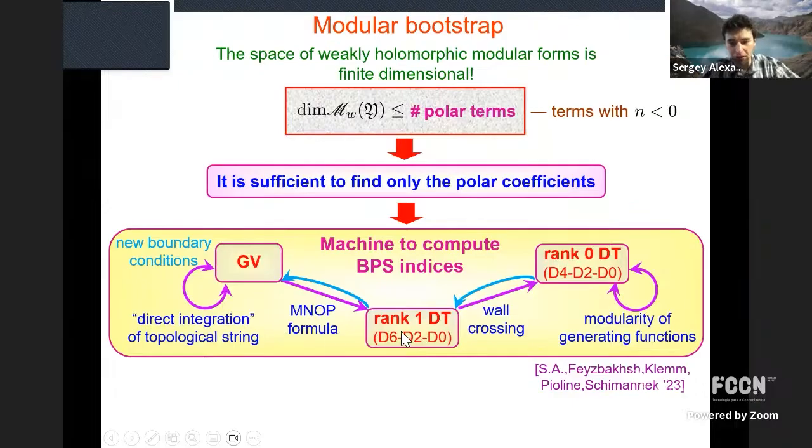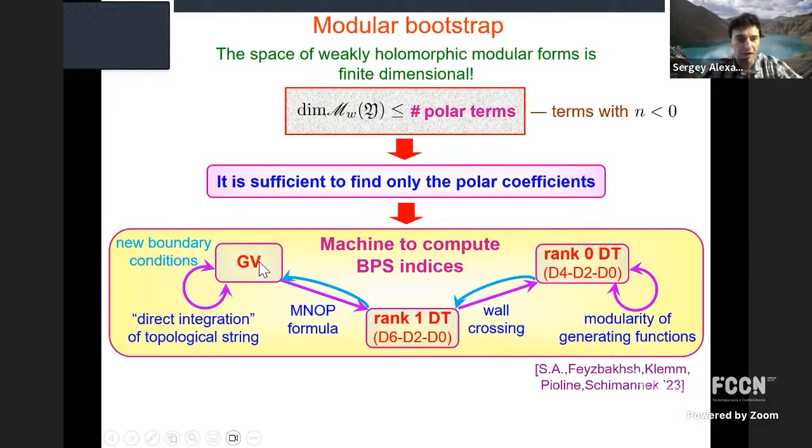Following this procedure, we managed to compute all polar coefficients for several compact Calabi-Yau threefolds. This way, we get precise expressions for the generating functions of our rank 0 DT invariants. And at this point, you can actually go back, because now you know infinitely many rank 0 DT invariants, just using the same wall-crossing relations, you get rank 1 DT invariants, and you can derive new GV invariants.